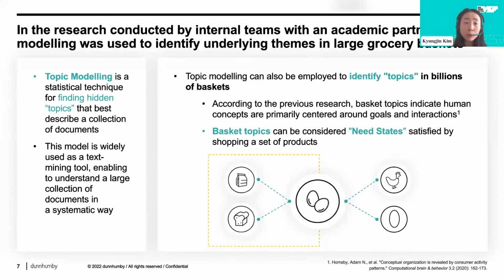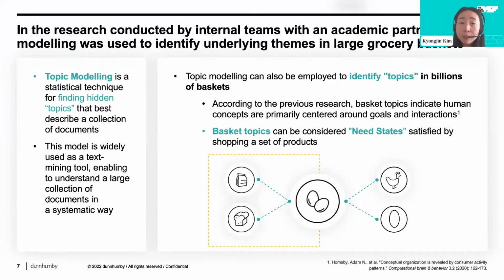However, a topic model was originally developed as a text mining tool and has been widely used to find hidden topics that best describe a collection of documents. This model finds topics using words in a document. A specific topic tends to be associated with specific words.